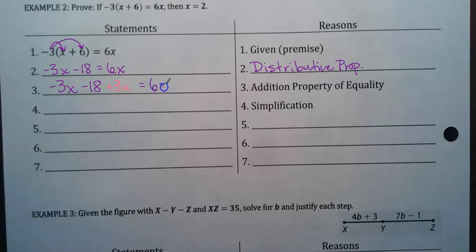And that's going to equal the original 6x, but we're going to add 3x to this side. So instead of balancing it, and you will see that often in this book and other resources, they actually write it on both sides and show you that it's the addition property of equality. And then the next step is the simplification.